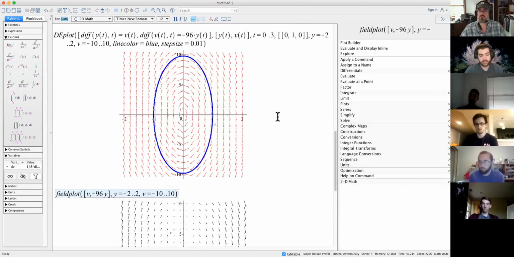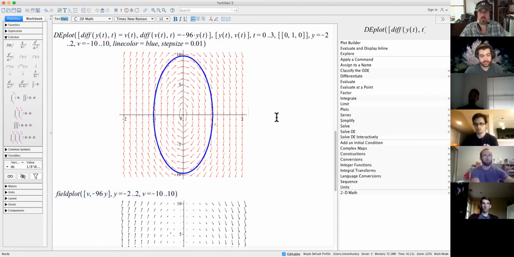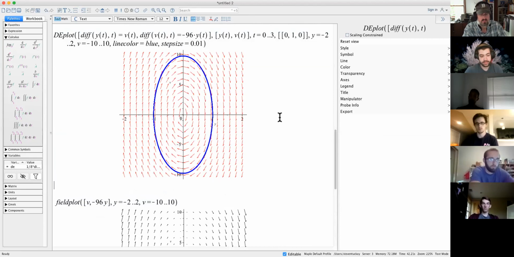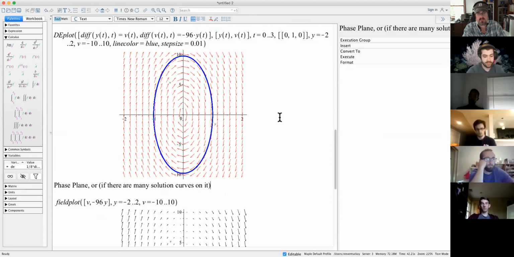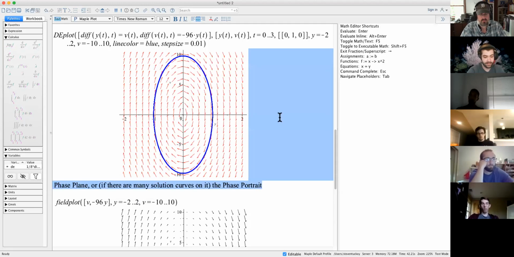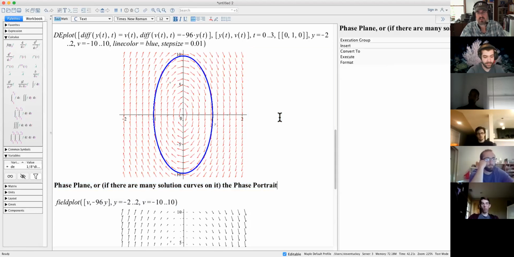So you've got two graphical representations. This one right here is what we would call the phase plane, or if there are many solution curves on it, the phase portrait. So these are the two terms that we use a lot in this.